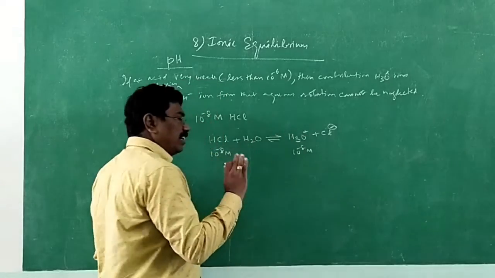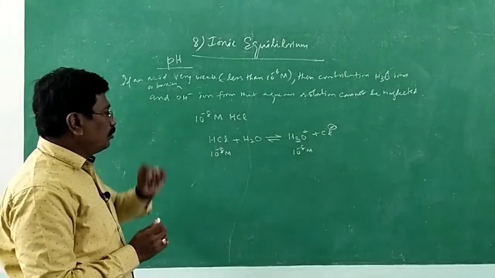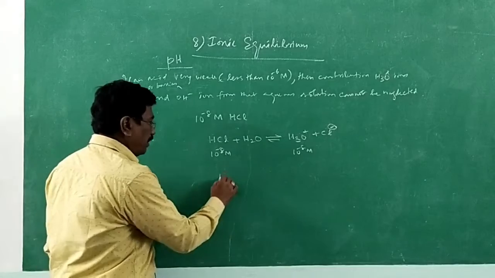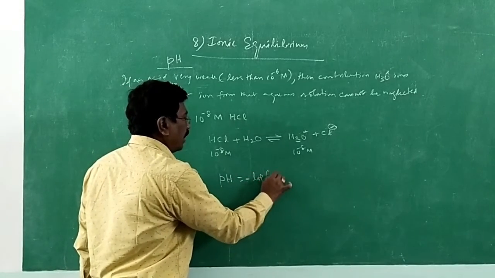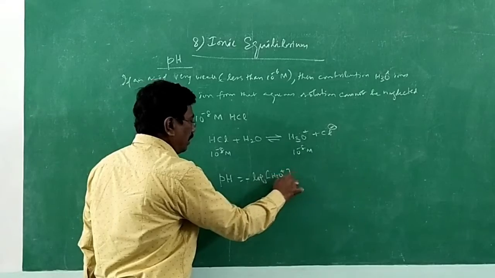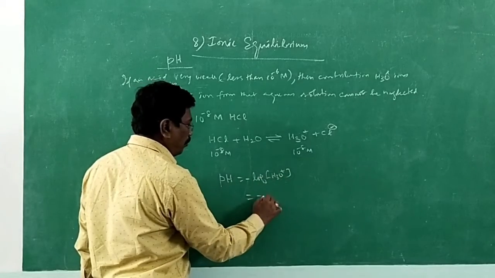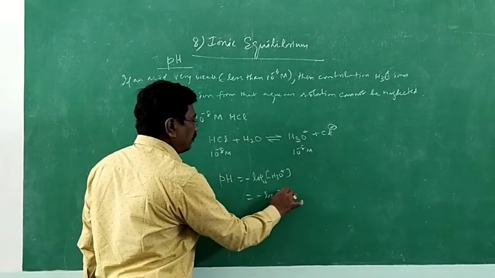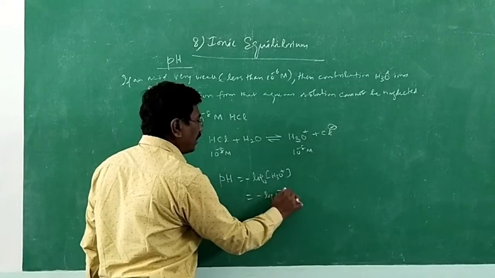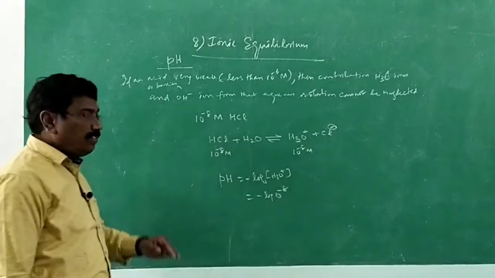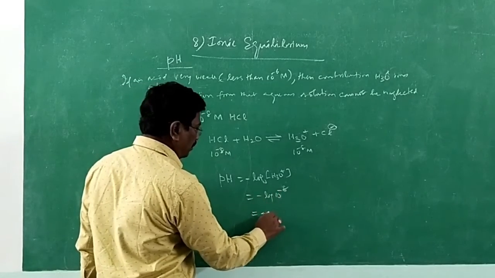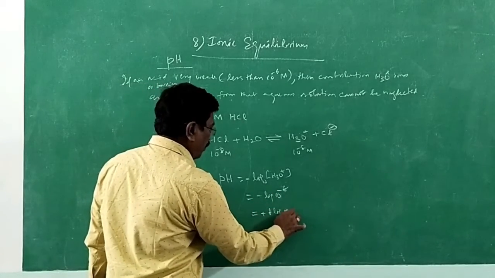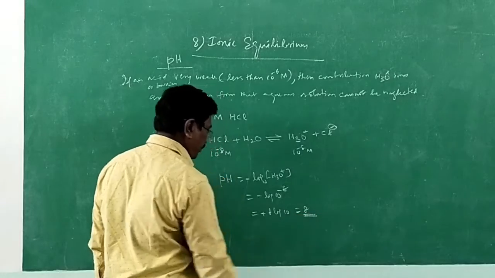That's what we assume. If it is so, we will be calculating pH like this. pH is equal to negative log to the base 10 of hydronium ions. Here the hydronium ion is 10 power minus 8, so mechanically you may calculate like this. You will get minus into minus, plus 8 log 10, which is equal to 8.